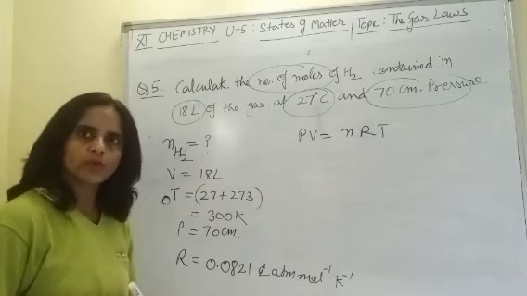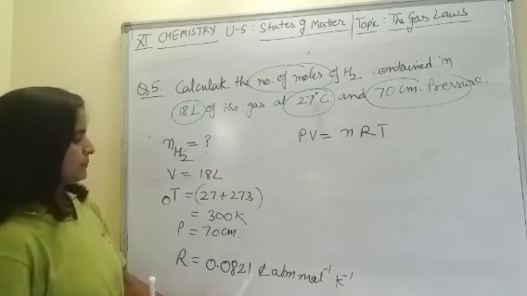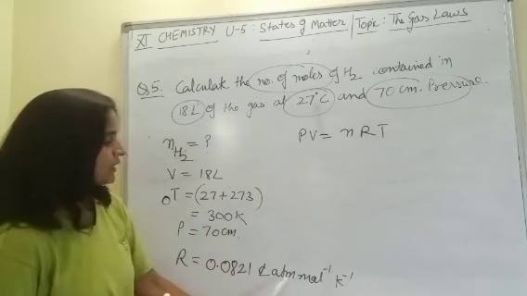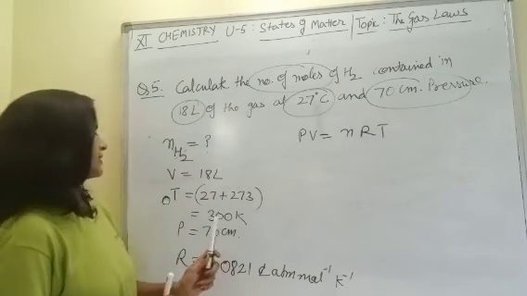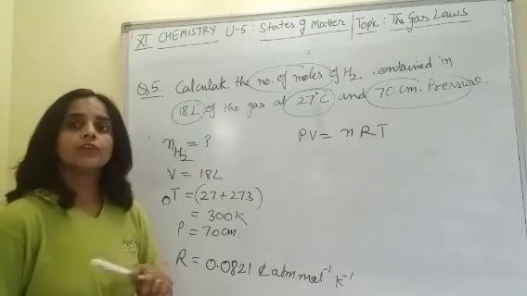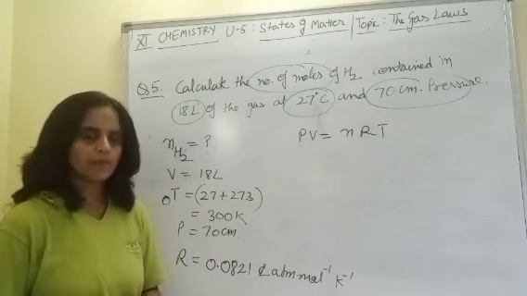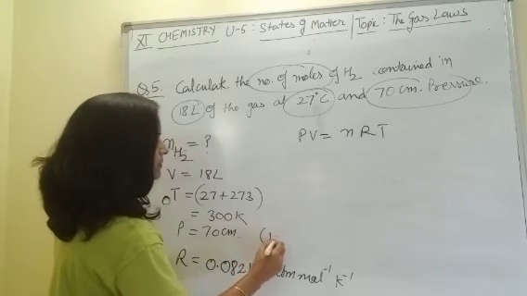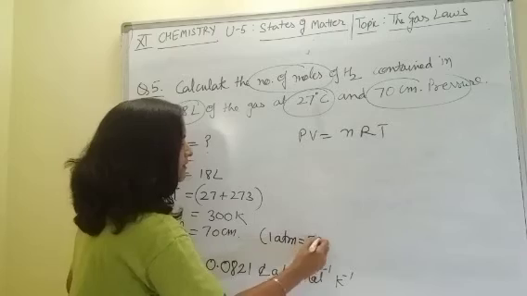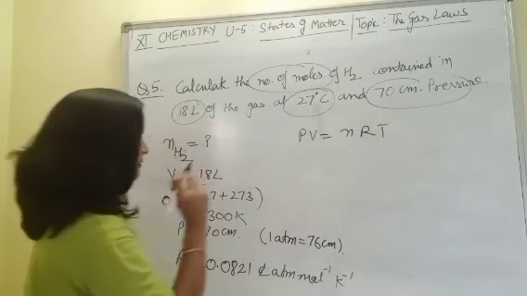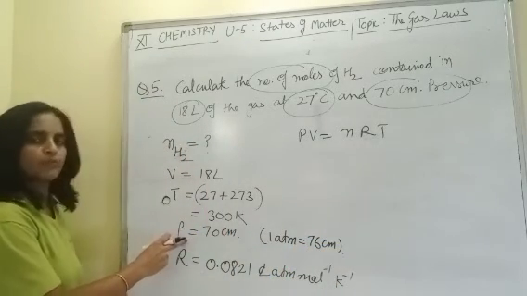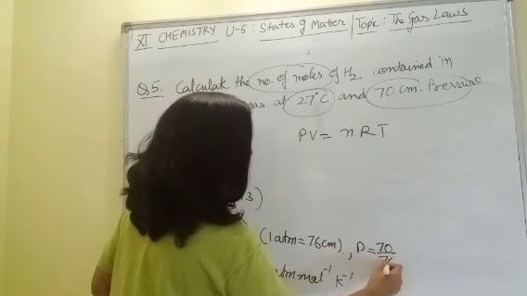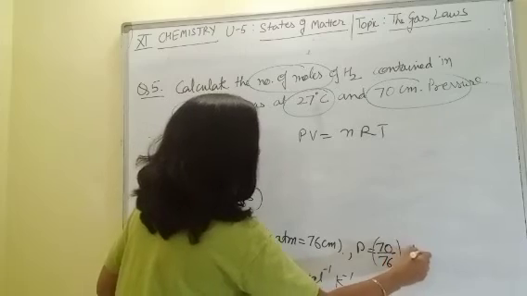It means for this value, we need the volume in liters, that is already given in liters. Pressure should be in atmosphere, but it is given in centimeter. So we need to convert pressure into atm. So the relation is 1 atm equals 76 centimeter. So the value of pressure is P equals 70 divided by 76 atm.